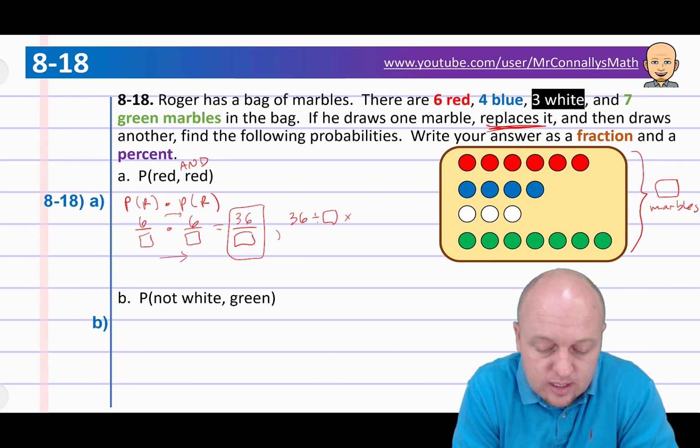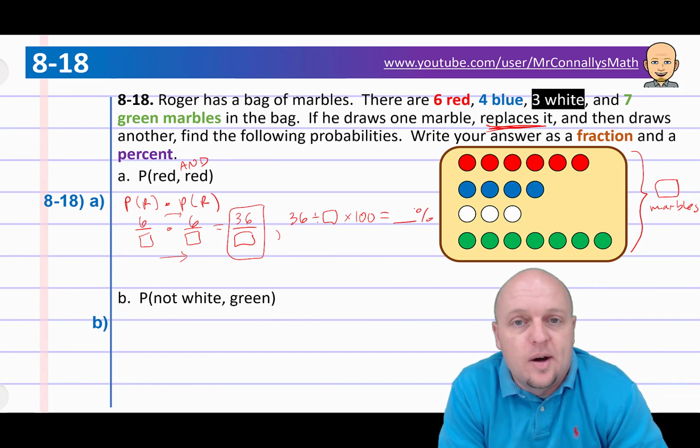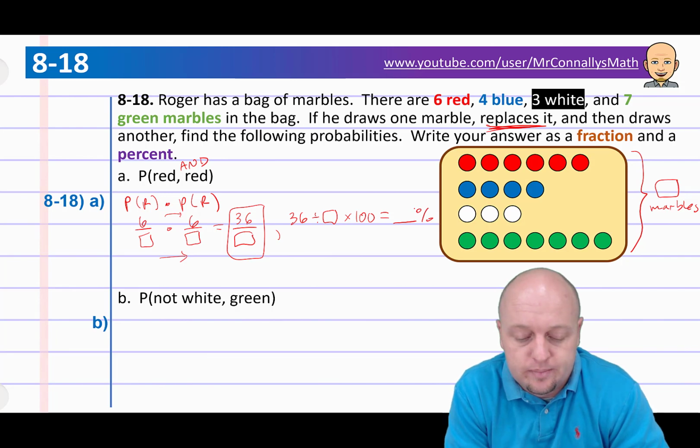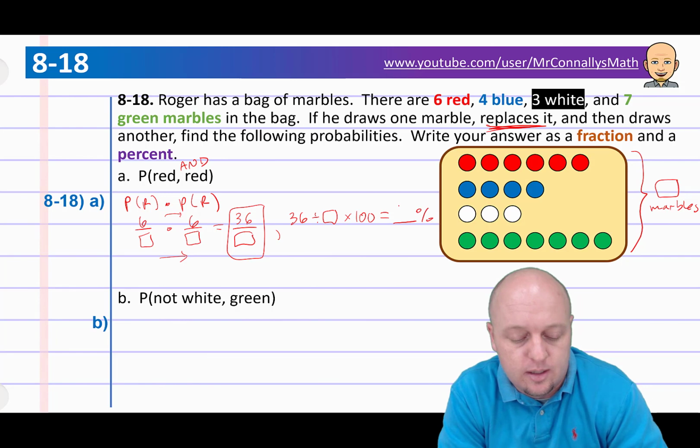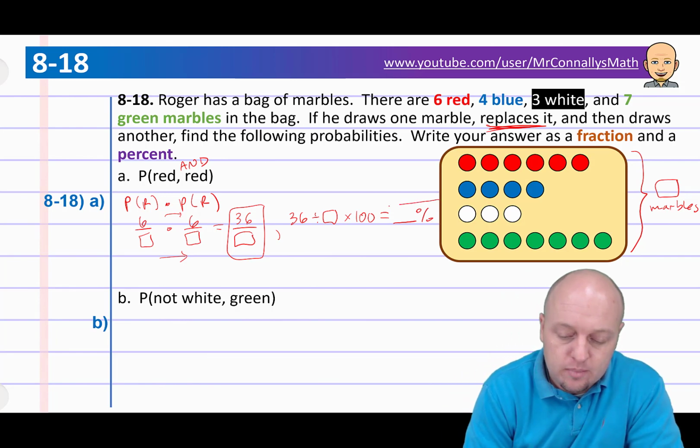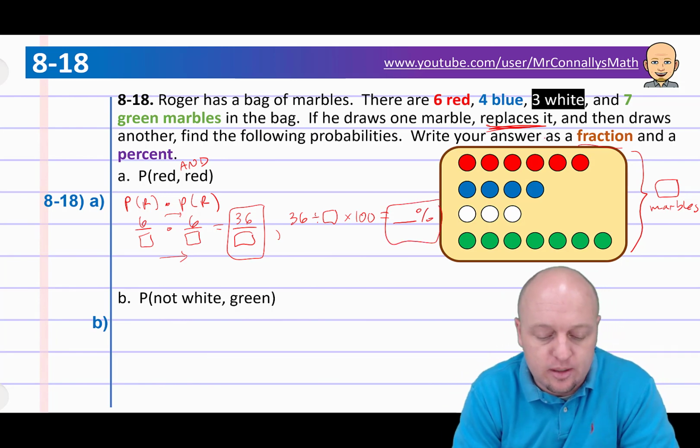That turns it into a decimal, then multiply that by 100, and that'll give you the percent. Okay, so use your calculator to check. 36 divided by the denominator times 100 will give you the percent. Because remember, you need fraction and percent.